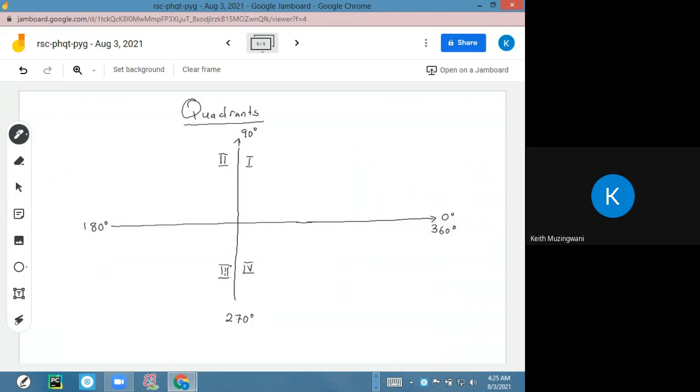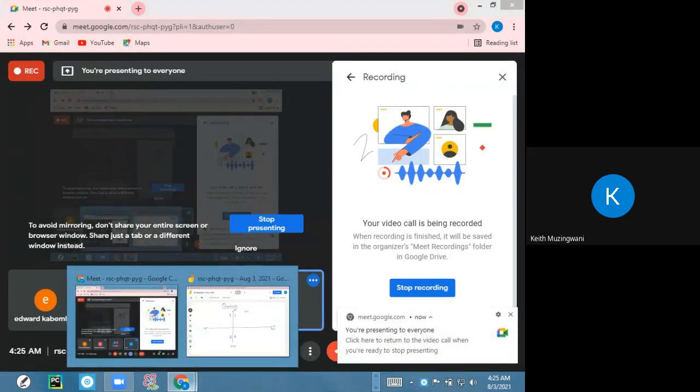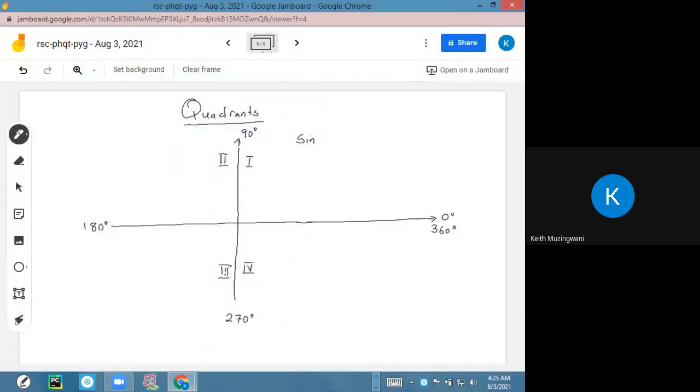And since we have only 6 trig functions, we have sine, cosine, tan, cosec, sec, and cot.